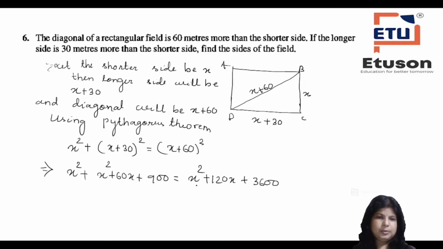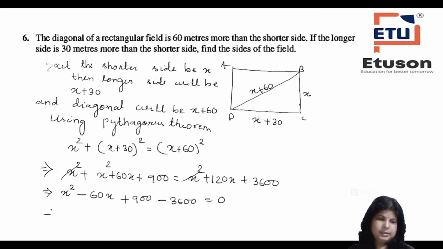So this x square and x square get cancelled out. Okay, so you will get x square minus 60x plus 900 minus 3600 is equal to 0.